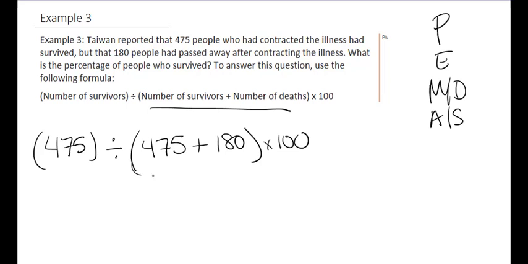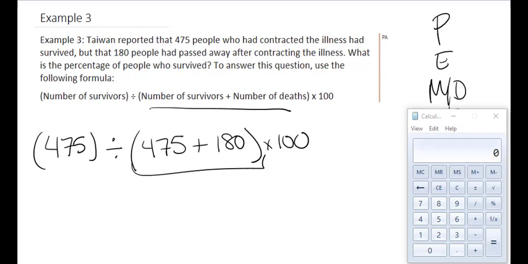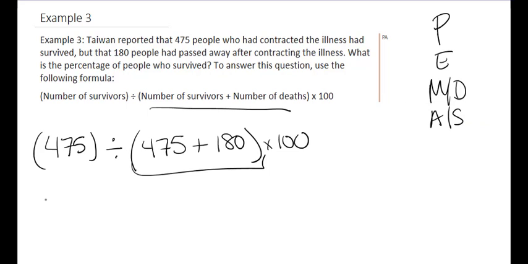So the first step is to deal with this. So we're going to add 475 plus 180, which equals 655. So let's write that out. We have 475 divided by 655 times 100.